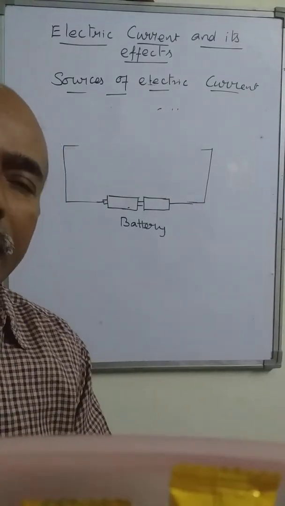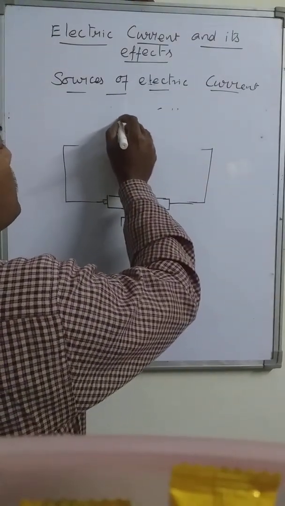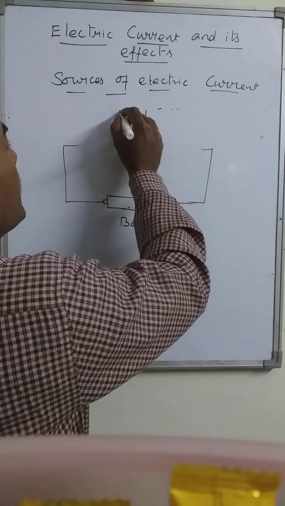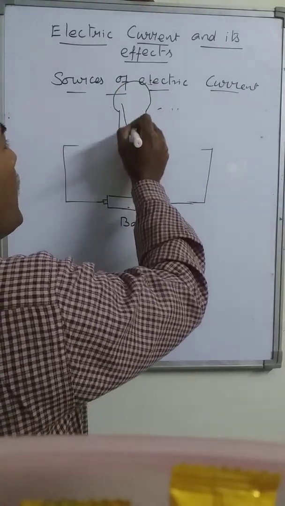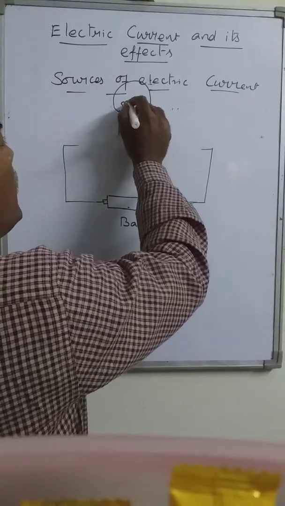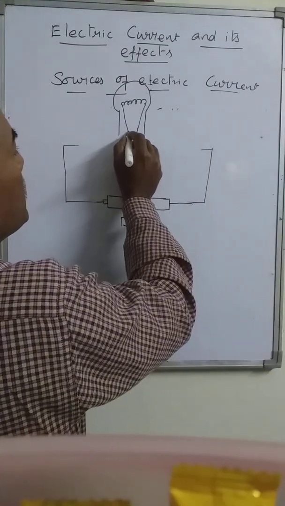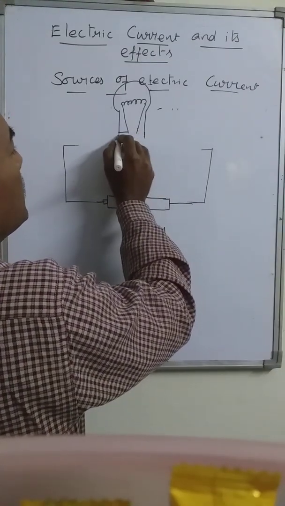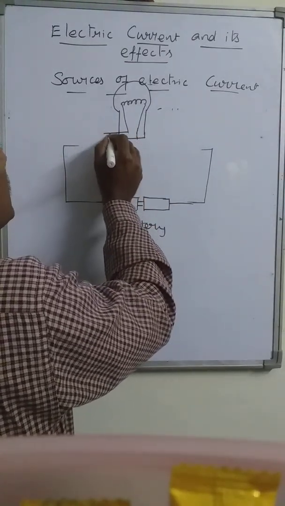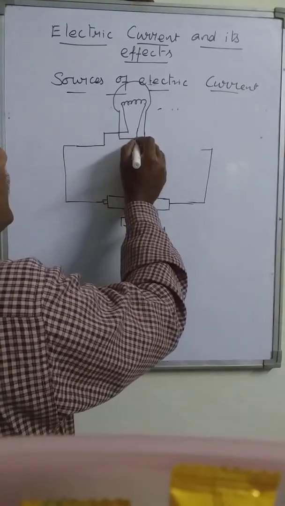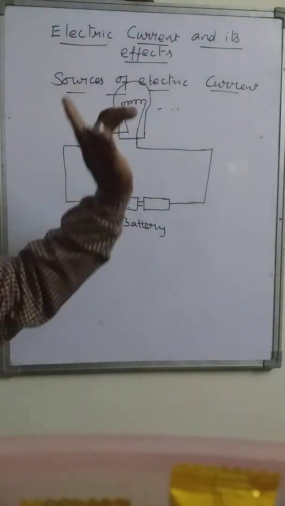Suppose this is the electric bulb, and inside the bulb there is glass. Inside the bulb, we have a coil-like structure that we call the filament. The filament has two terminals. One terminal is connected to this side, another terminal connected to this side.